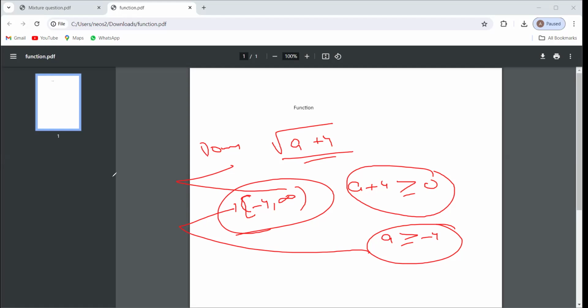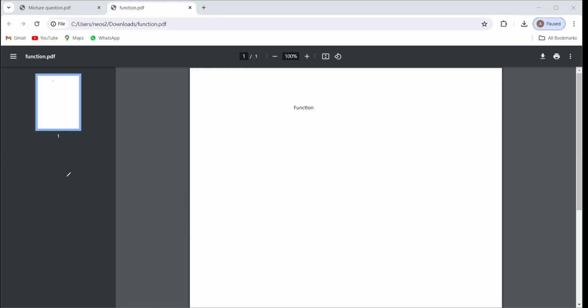Okay, one more. Try this: 1 by root of mod x minus x. Now what is the condition for the domain?